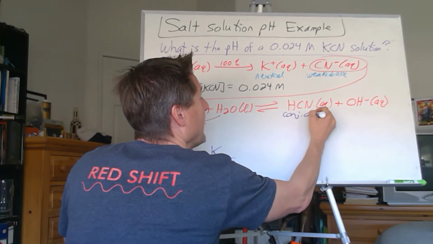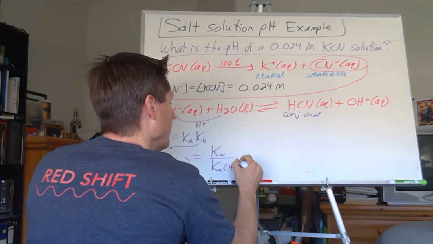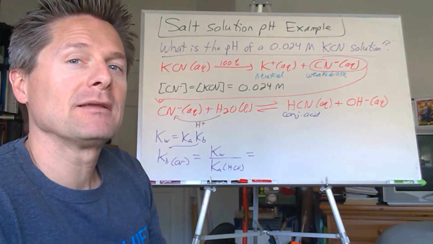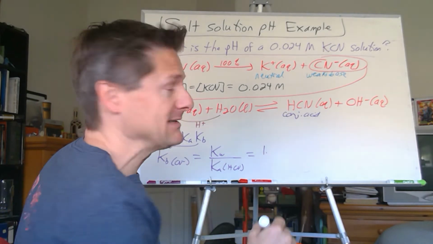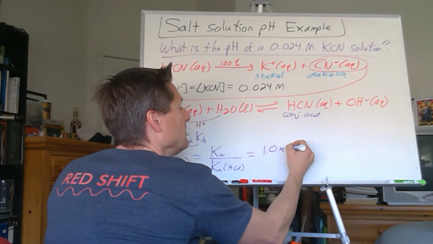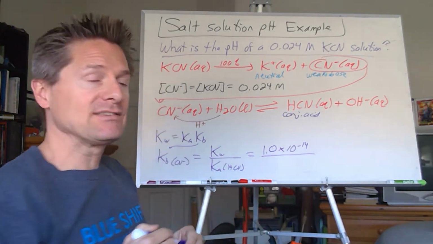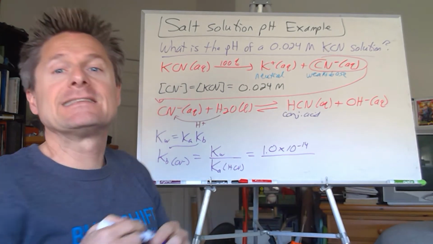Here's the conjugate acid of the cyanide. So this will be the Ka for the HCN, which we should be able to find on our Ka table. So Kw, which will be provided for you for exams, is 1.0 times 10 to the minus 14. Let's look up the Ka value for HCN.